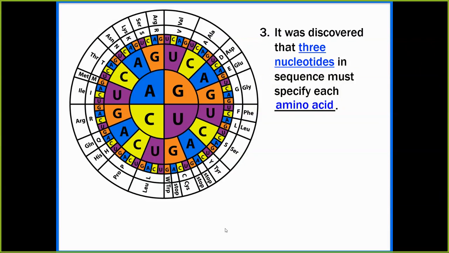This is a codon chart. If you don't understand it 100% right now, it is not that big of a deal. We'll be working with this all week. But 3 nucleotides in sequence will specify a specific amino acid. Remember, amino acids are the building blocks of proteins.